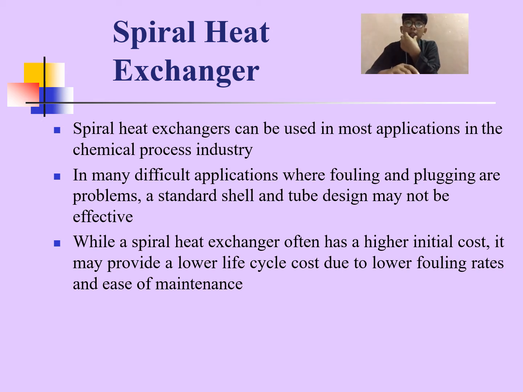In more difficult applications where fouling and plugging are problems, a standard shell and tube design may not be effective. Point number 3: while a spiral heat exchanger often has a higher initial cost, it may provide a lower life cycle cost due to lower fouling rates and ease of maintenance.